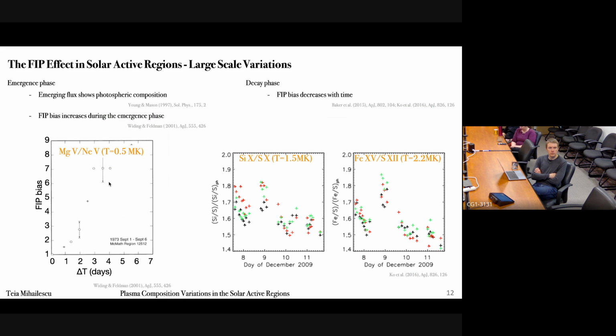But once the loops are established and we start getting more wave activity, then the FIP bias starts to increase as a function of time throughout the emergence phase of active regions.